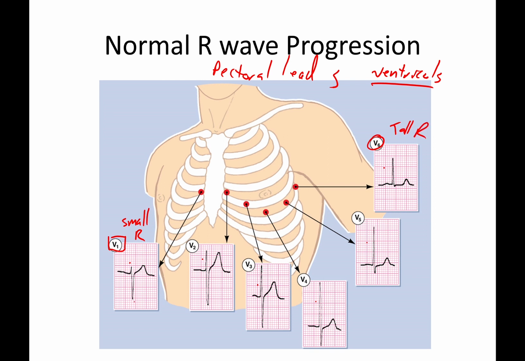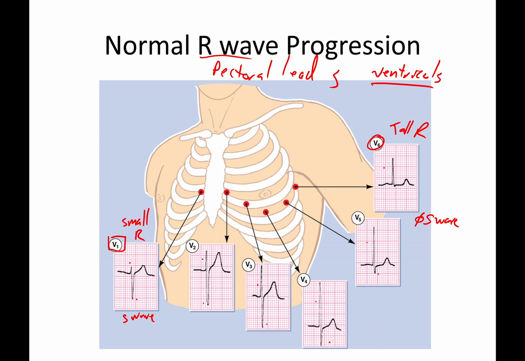By contrast, if you'll look at the S wave, you'll notice how it does get a little larger and then begins to creep off to the point where there's almost no S wave at all. This is what we talk about in terms of normal R wave progression.